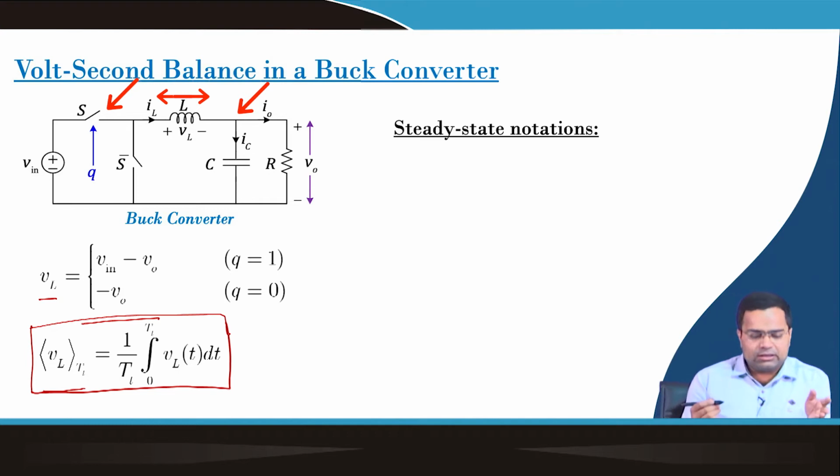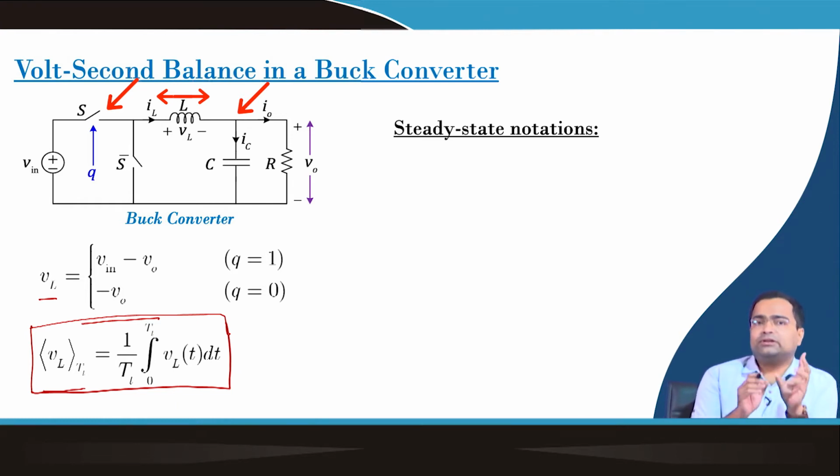Why? Because the voltage across the inductor, which is the induced voltage, is proportional to the rate of change of flux in the inductor.